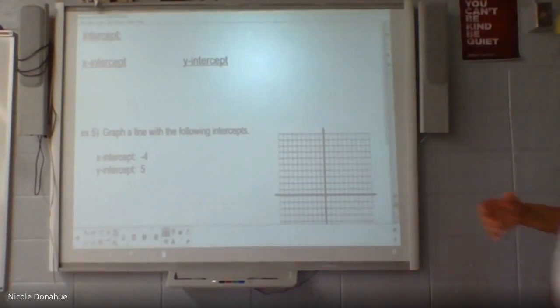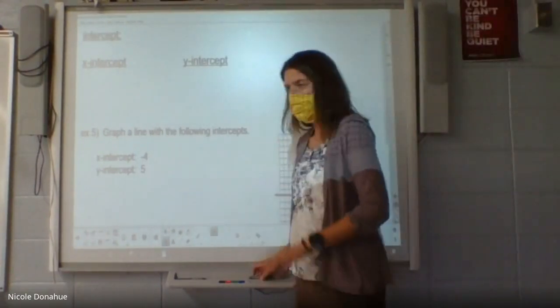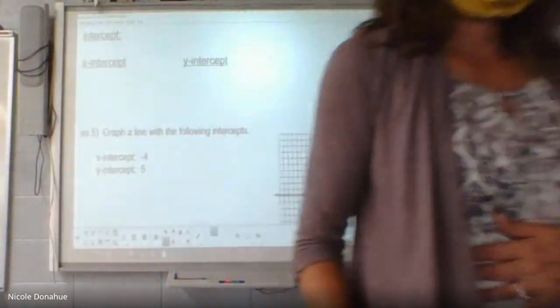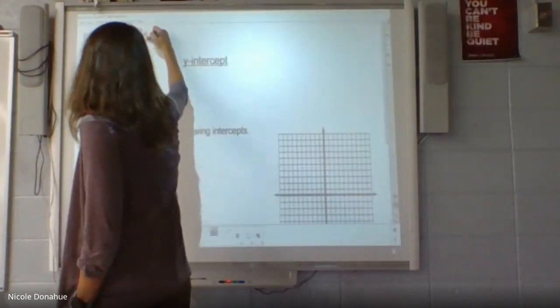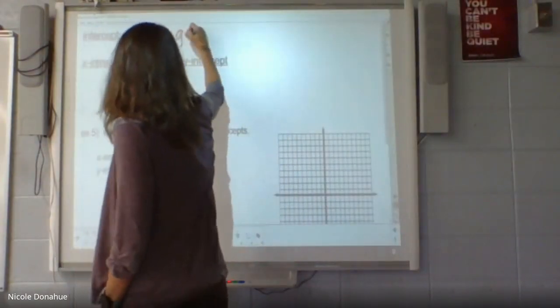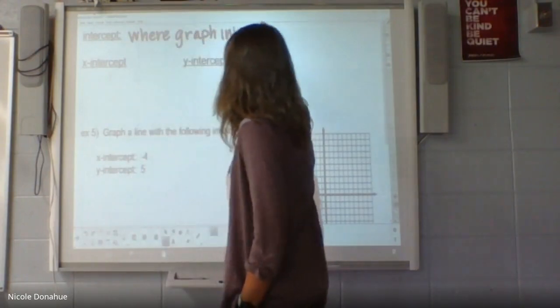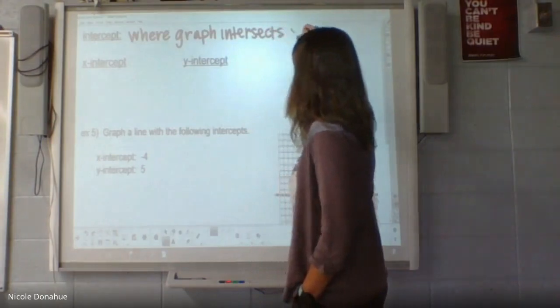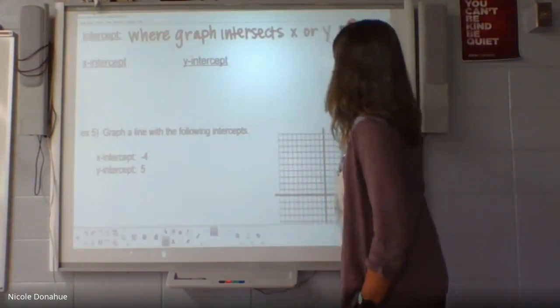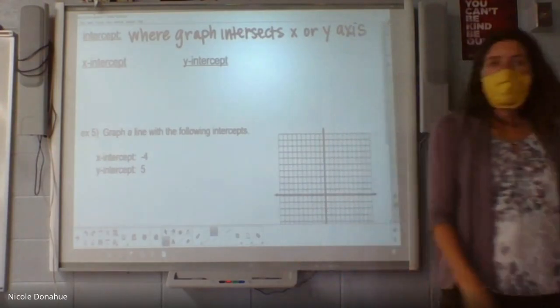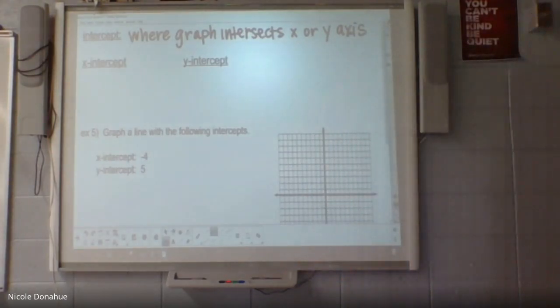Okay, I'm going to give you guys a little bit of help here. The intercept, just in general, is where the graph is on one of the axes. The intercept is where the graph intersects either the x-axis or the y-axis.